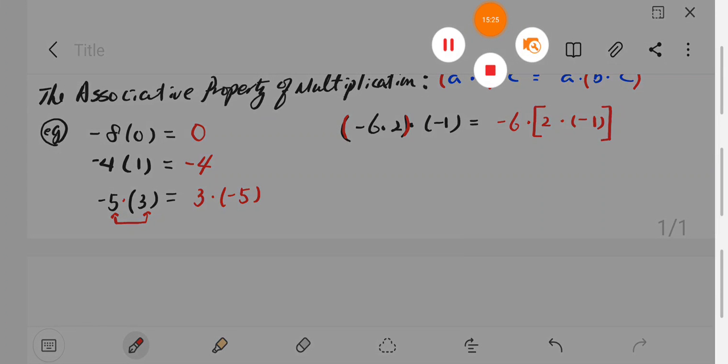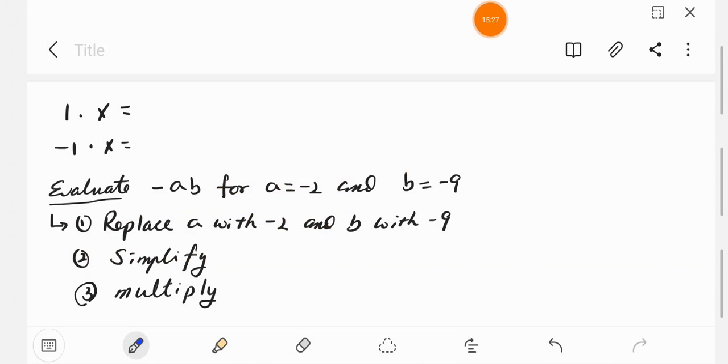Okay, let's try more examples. 1 times x. x is a variable, so this variable represents a number. So 1 times x means you are multiplying two numbers and one of them is 1, right? Then the result is the number itself, x, by the multiplication property of 1.